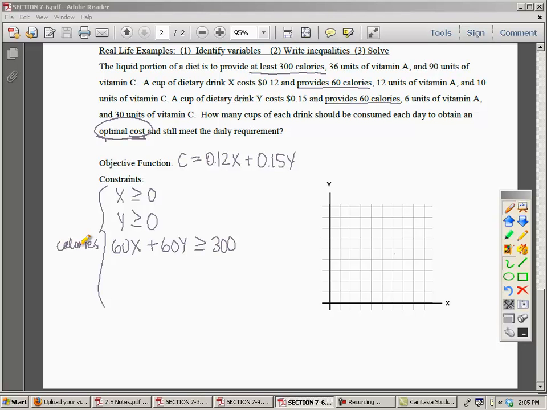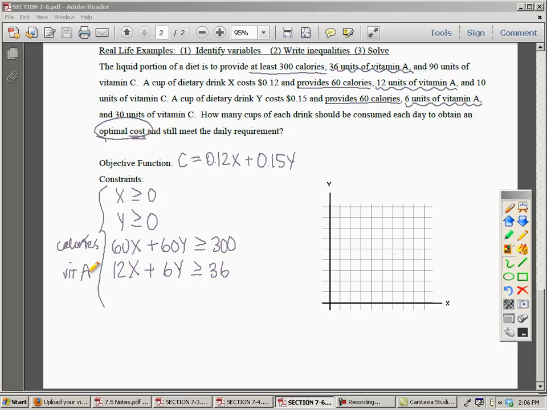Okay, then let's do vitamin A. 36 units of vitamin A is what I have to have. There are 12 vitamin A's in drink X and 6 vitamin A's in drink Y. Okay, so 12 units of vitamin A in X plus 6 units of vitamin A in Y has to be at least 36 units.